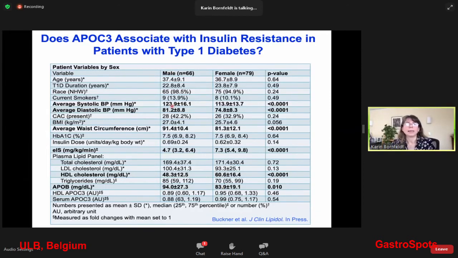So you can see men here and women in this column. And the men had higher blood pressure than the women. They also had a significantly higher waist circumference and higher ApoB levels than the women in this cohort. And the women had higher levels of HDL cholesterol.